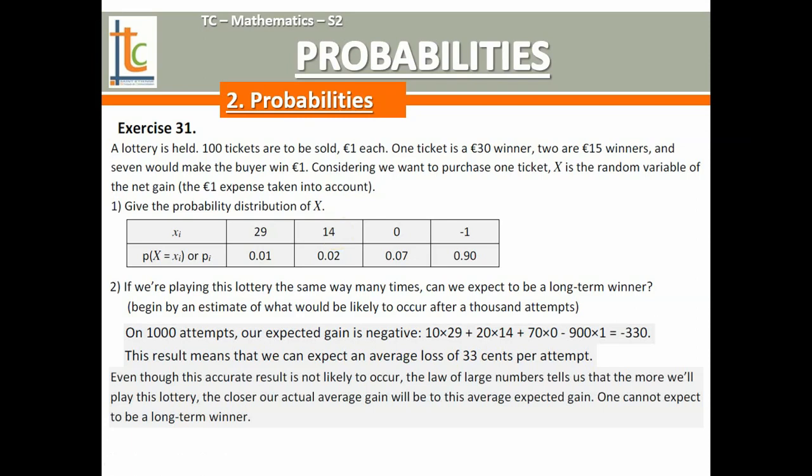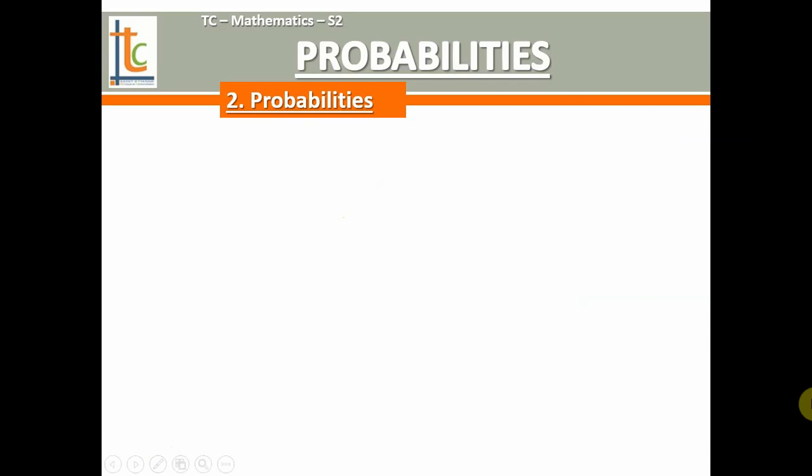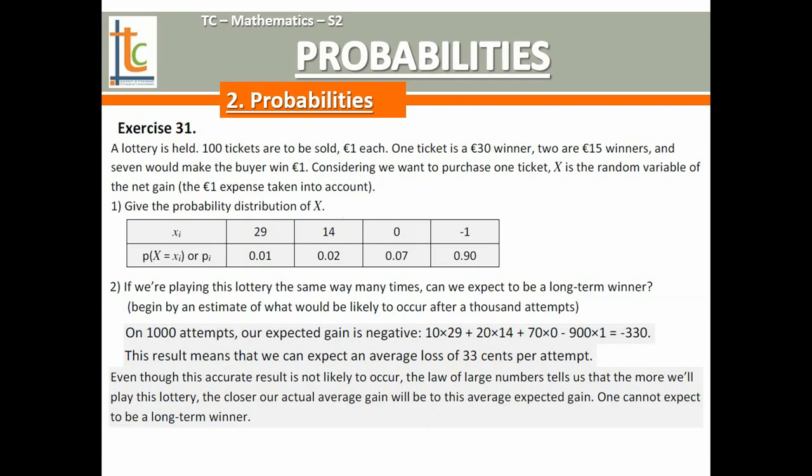The result will be negative 0.33. So even though this exact result is not likely to occur, the law of large numbers tells us that the more we play this lottery, the closer our actual average gain will be to this average expected gain. One cannot expect to be a long-term winner.